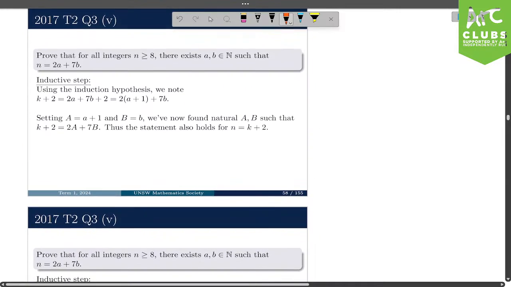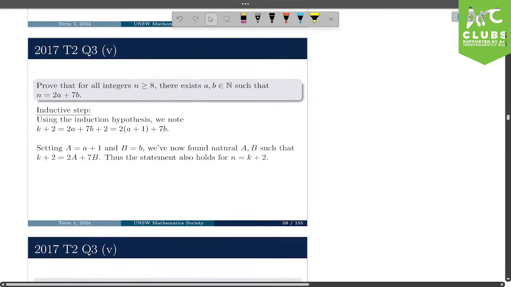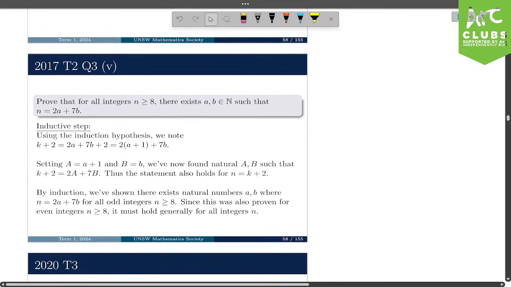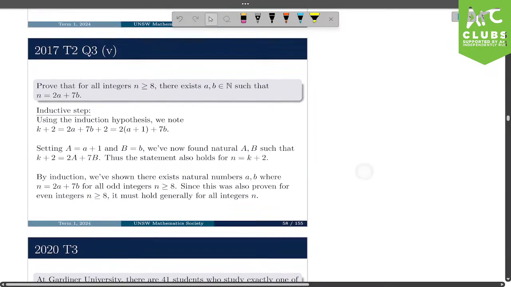So the statement is true for all odd integers greater than or equal to 8. And since we've shown a construction for even integers greater than or equal to 8, it must hold true for all integers greater than or equal to 8, because every integer is either odd or even. Any questions? Good.